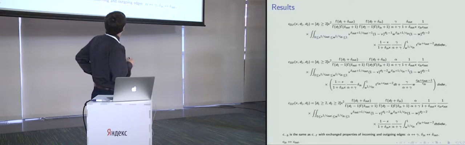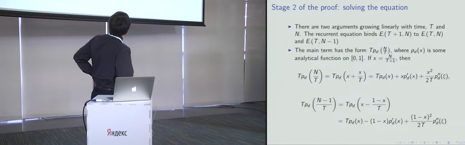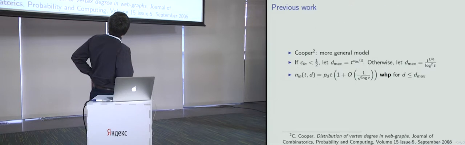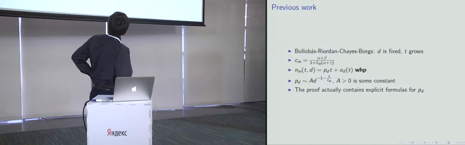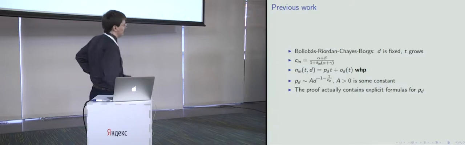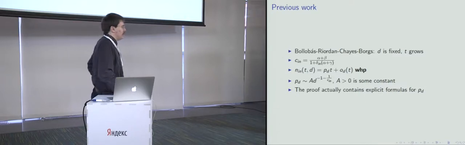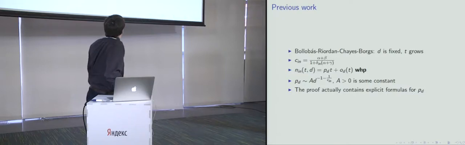If C in and C out are the exponents in the power law for the distribution of the degrees, then if their sum is less than 1, it is one situation. If the sum is greater than 1, this is another situation, and the powers are slightly different.